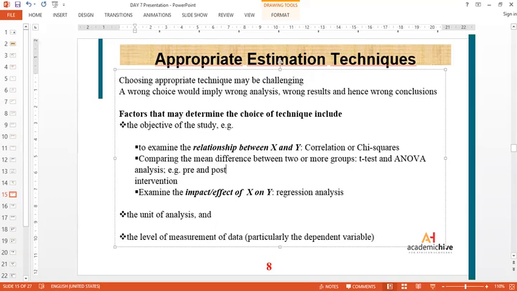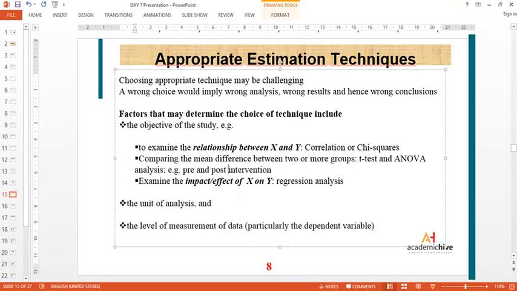So, okay, I have an example here of a pre and post intervention. You want to see the effectiveness of some developmental aid, some kind of intervention, in a conflict region.